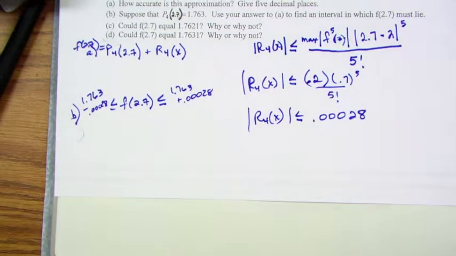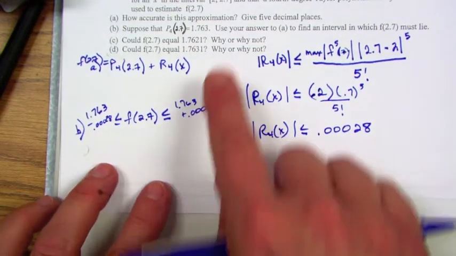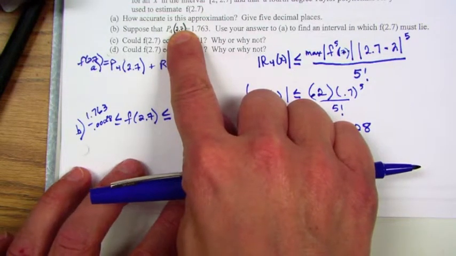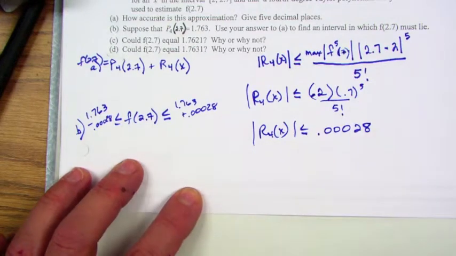Does that make sense to you, that that's where the actual value has to lie, between your approximation made using the fourth degree polynomial plus or minus the remainder associated with it?